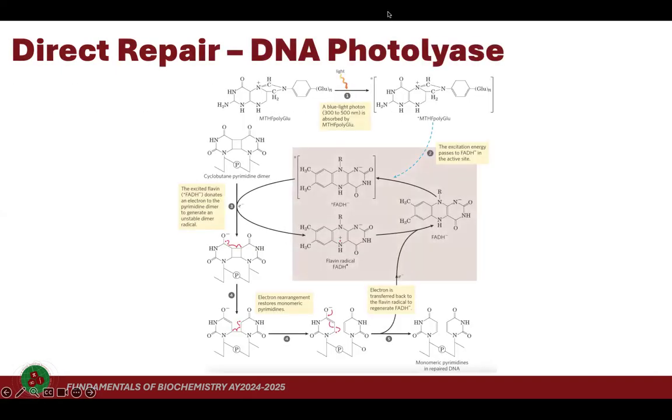The first is DNA photolyase, which can also address thymine dimers. We already saw how nucleotide excision repair can fix thymine dimers, but we also have a direct repair mechanism for that.